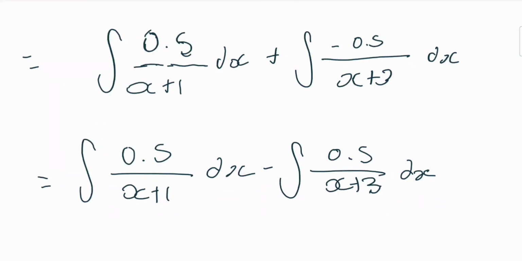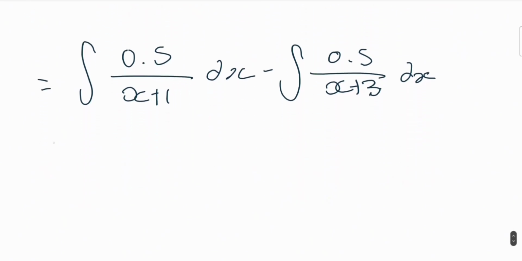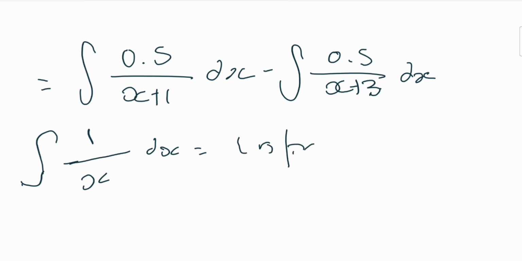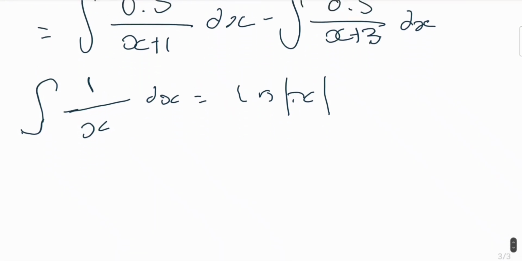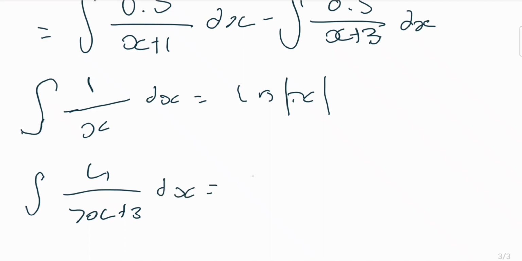Okay, to integrate these two things, we need to know this. The integral of 1 over x is equal to the natural log of the absolute value of x. Whereas the integral of, let's say, 4 over 7x plus 3 is going to be equal to the natural log of 7x plus 3 all multiplied by 4.